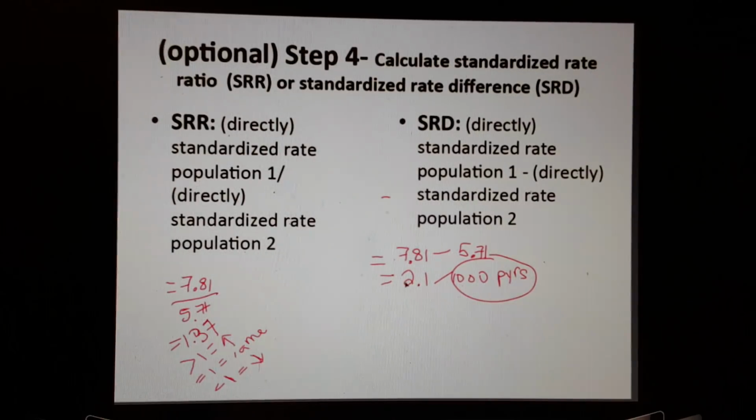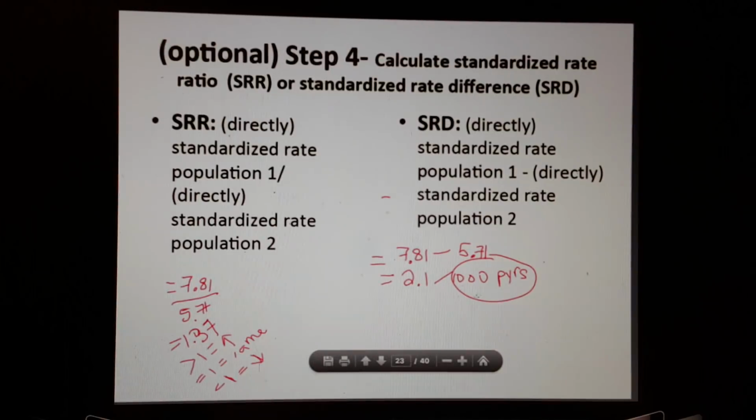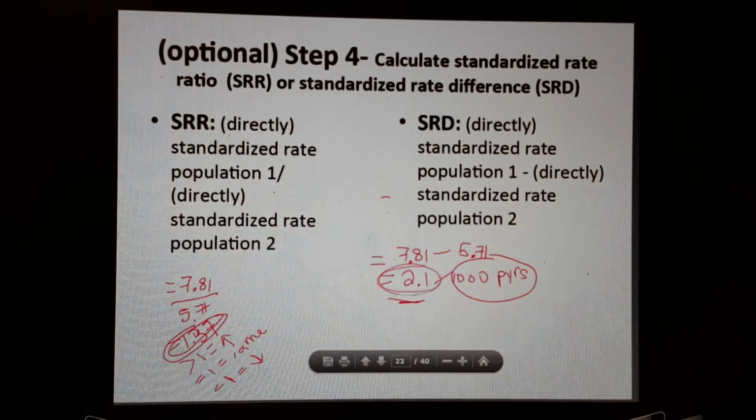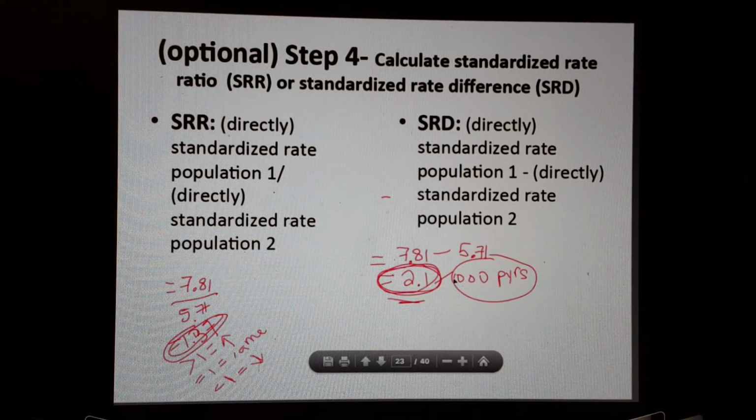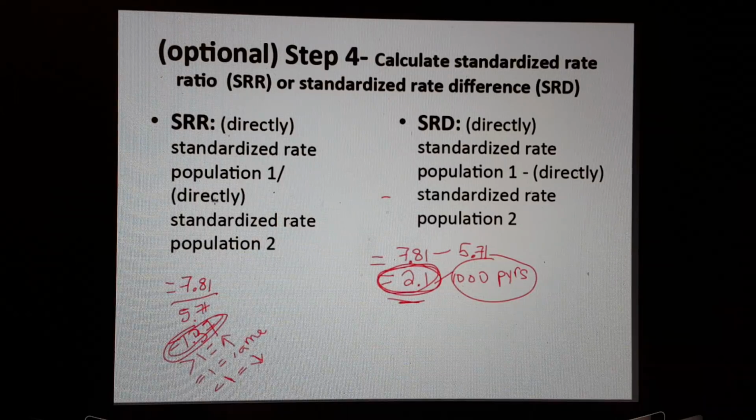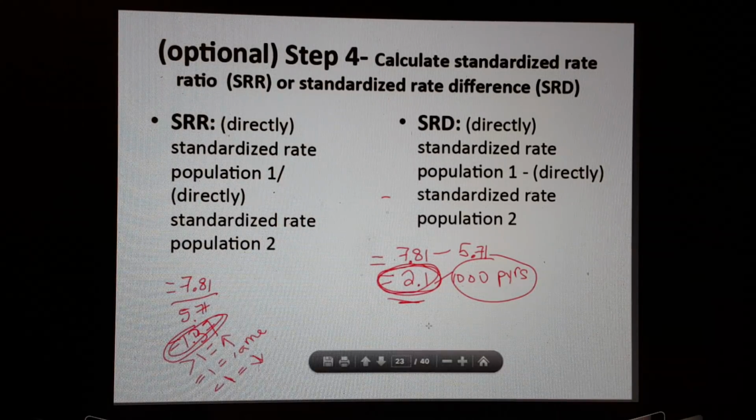So it's 2.1 deaths per 100,000 or 1,000 person years. So these are your two differences between your populations if you're interested in. Generally, on an exam, they'll just ask you for which one's higher, but if you wanted to give a standardized rate ratio or a standardized rate difference, this is what you can produce.